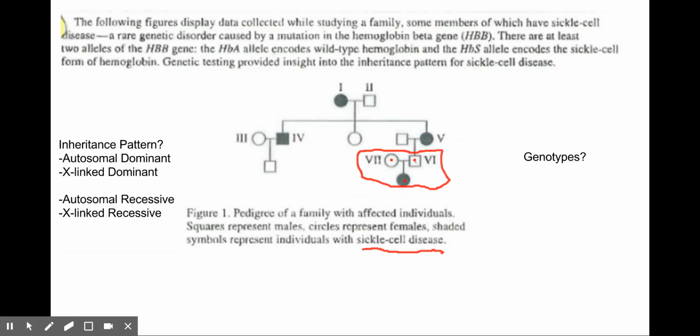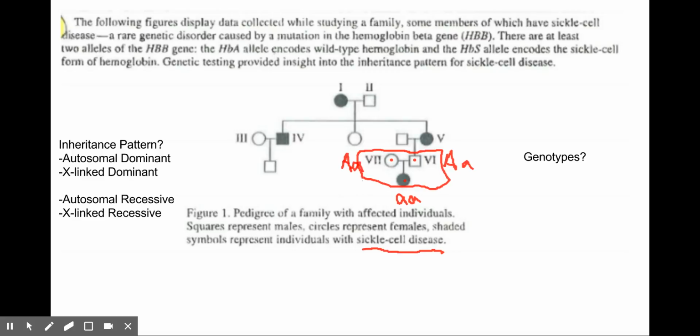So the only way it's not displayed in these individuals is if they are carriers for it and their normal hemoglobin is what would be displayed and they don't have the disease. So that immediately tells you that they have it and these are carriers.